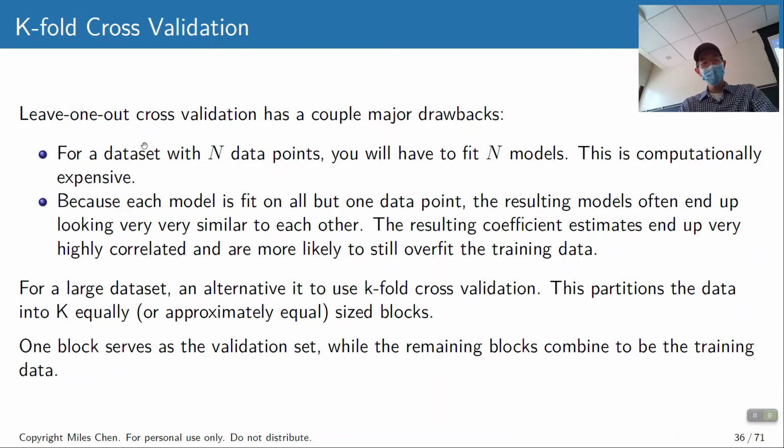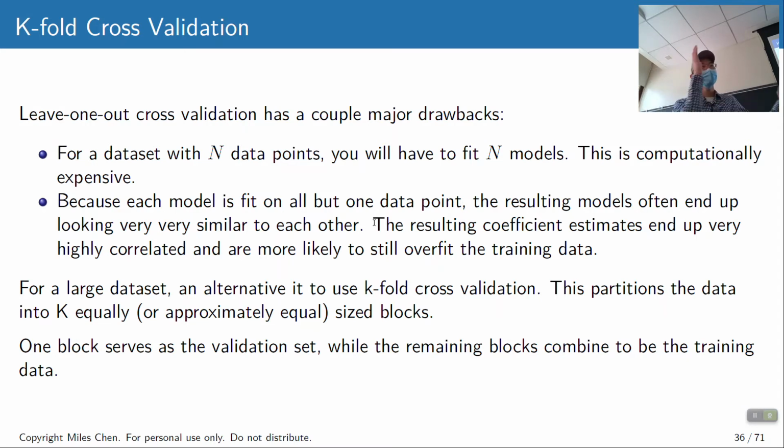This is the issue with leave one out cross-validation: you're going to have to fit n models for n data points. If you have a very big data set, this becomes computationally expensive. You have a lot of models to fit. The other thing is, because each model is fit on all but one data point, the resulting models end up looking very, very similar to each other.